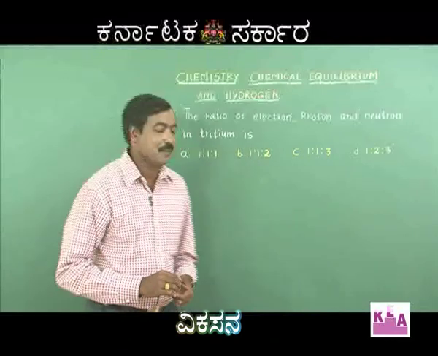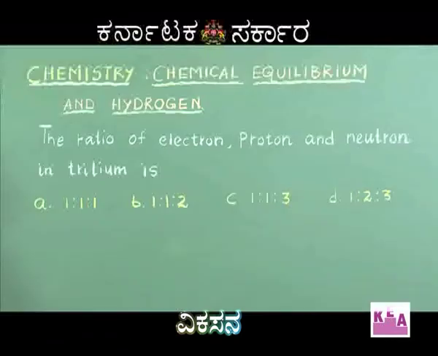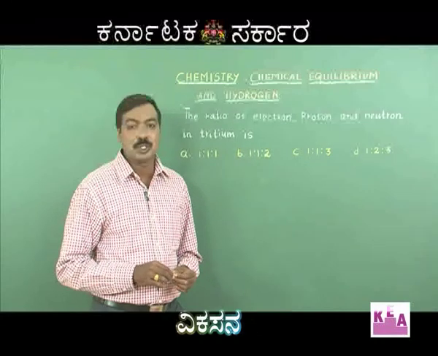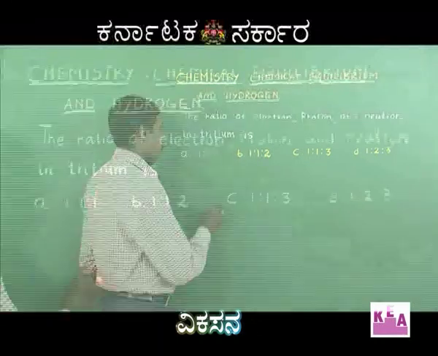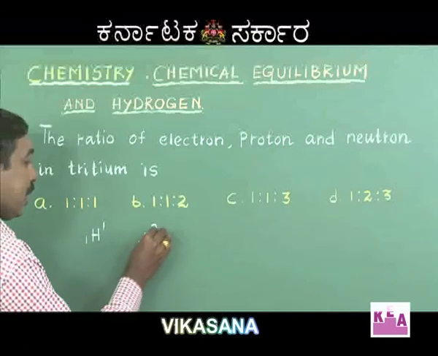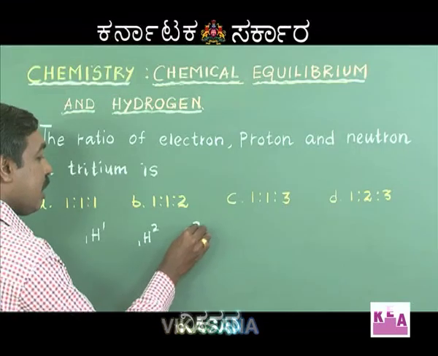Our next question: the ratio of electron, proton and neutron in tritium is... tritium or tritium, however you read it. There are three isotopes of hydrogen which you should be aware of. One is 1H1, this is protium, 1H2 deuterium, and 1H3 tritium.